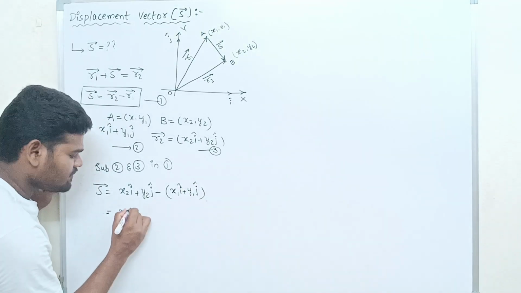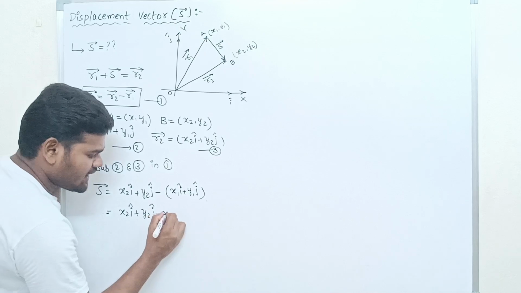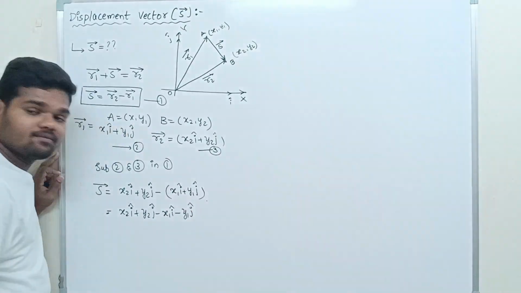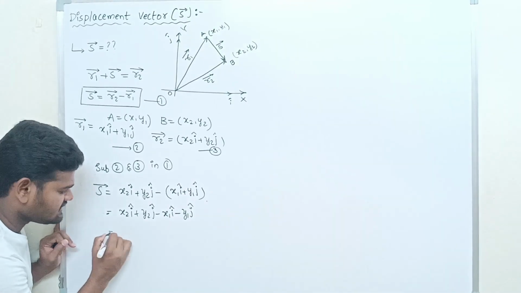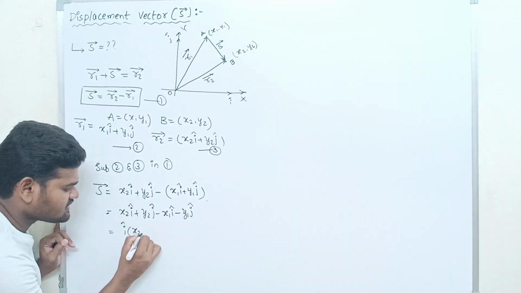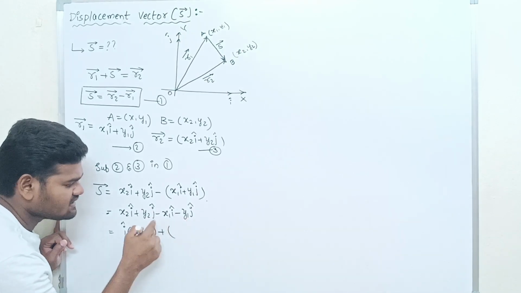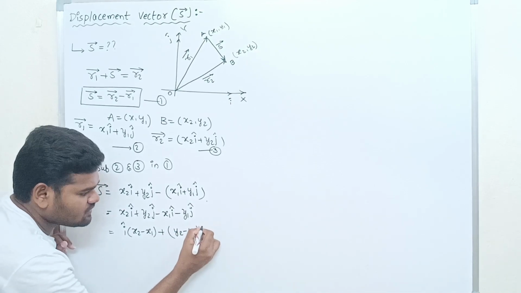So x2 I cap plus y2 j cap minus x1 I cap minus y1 j cap. Just take I cap common, and you will get x2 minus x1 plus, taking j cap common, y2 minus y1 into j cap.